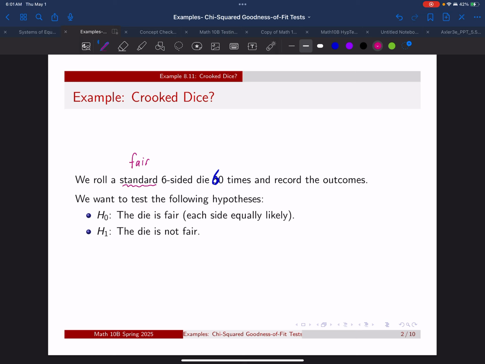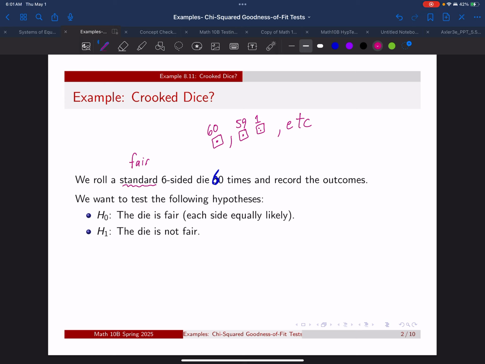It could be on one extreme that you get 60 ones. It could be that you get 59 ones and a two, right? 58 ones and two twos. So there are many possibilities for the outcomes, and each outcome corresponds to a distribution of the 60 rolls.